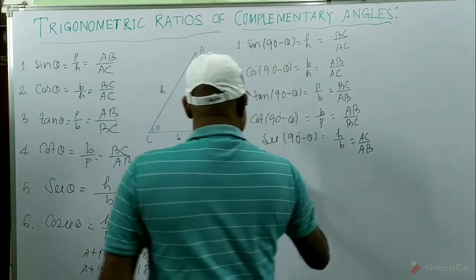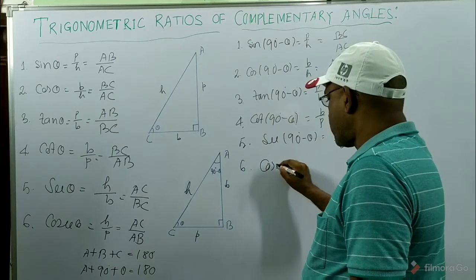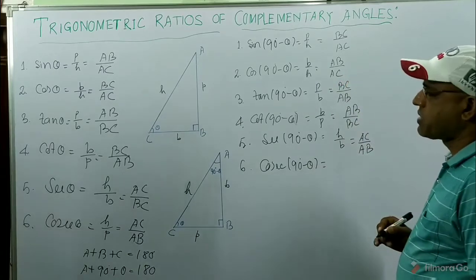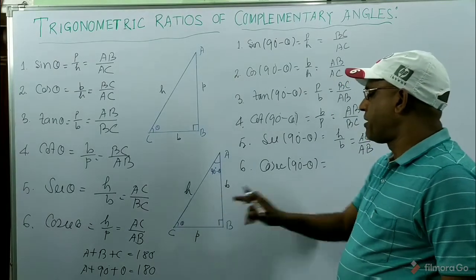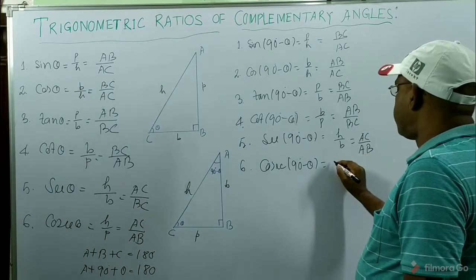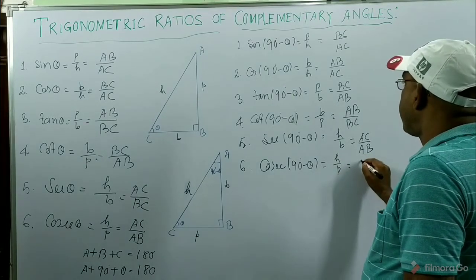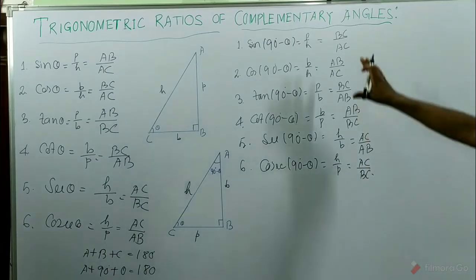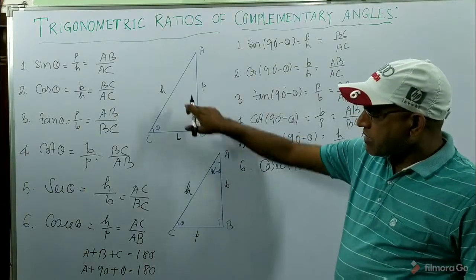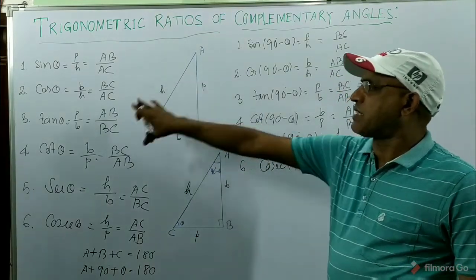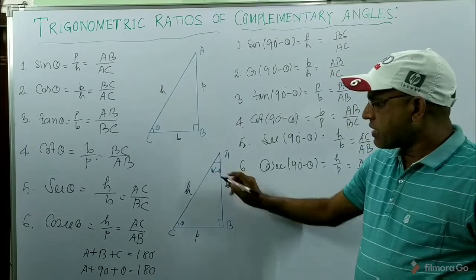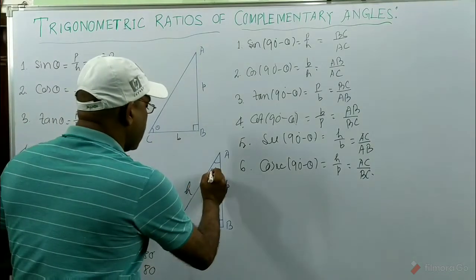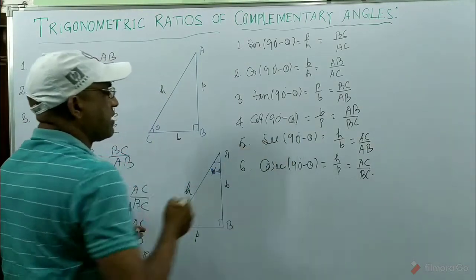Number 6, cosec 90 degrees minus theta is H by P, so AC by BC. These are the formulas we get from this. Both figures are the same; if we assume this angle 90 minus theta, then we get these relations.